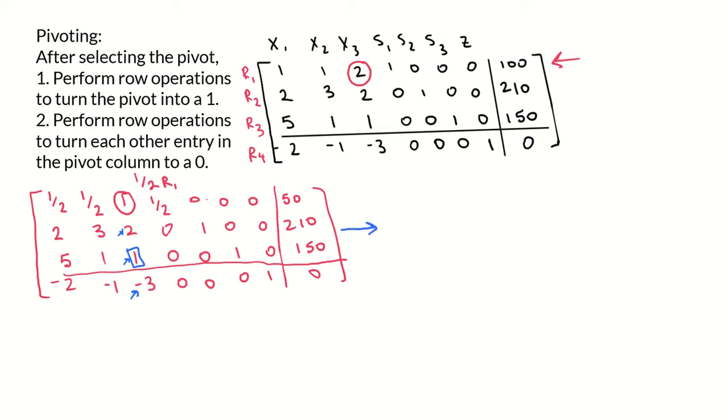So our first row operation could be to replace row 3, because this is now our row 3. So now row 1, row 2, row 3, and row 4. We replace row 3 with row 3 minus row 1.